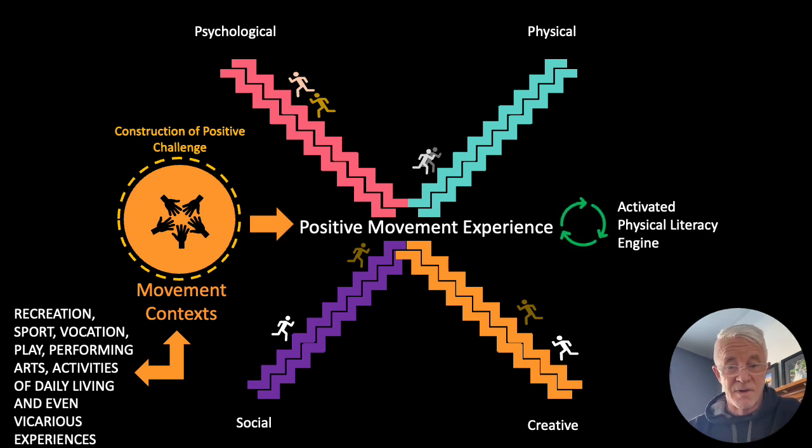And hopefully, with every quality movement experience, you'll have a positive movement experience by activating the physical literacy engine. If you're able to construct positive challenges to create positive movement experiences, then the participants will get improved physical abilities, improved psychological abilities, improved social abilities, and improved creative abilities through activation of physical literacy.